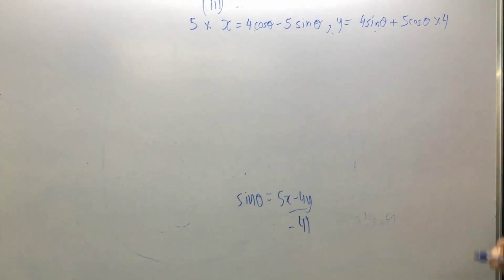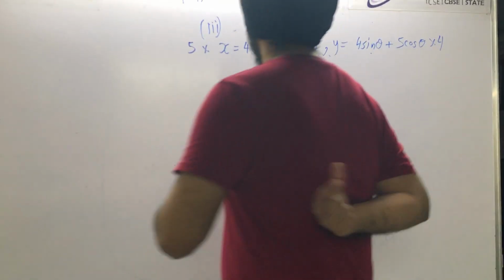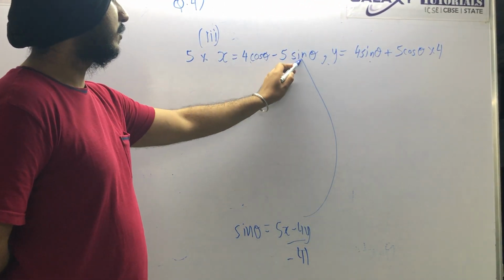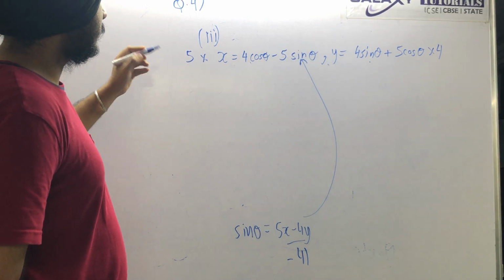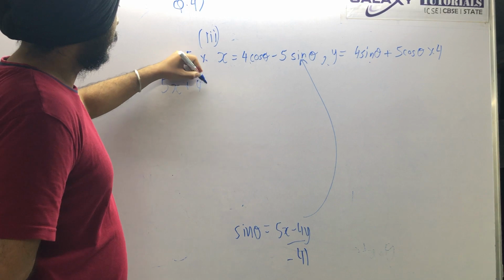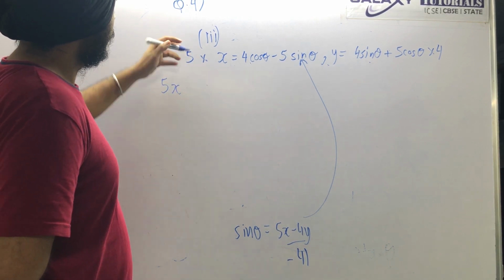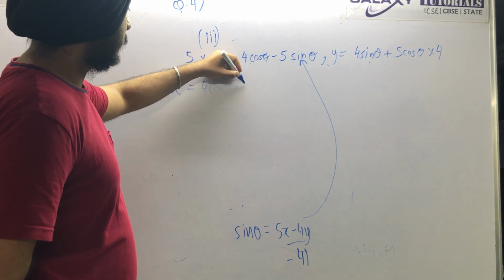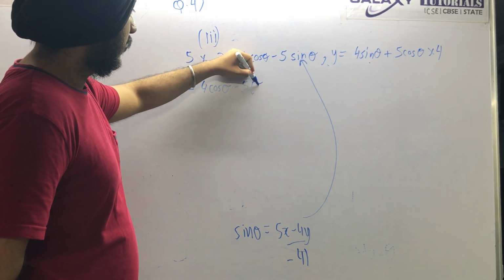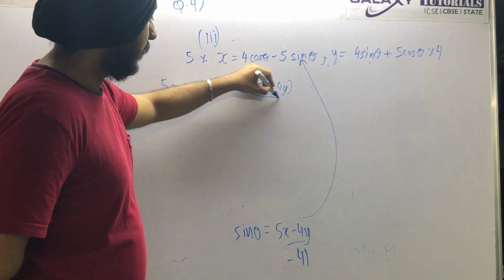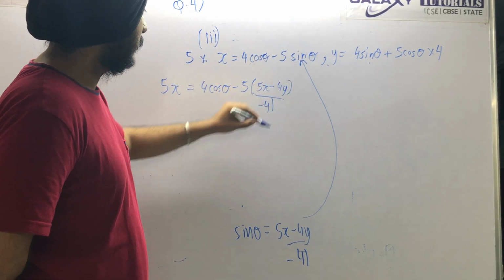A little bit lengthy question, but not difficult, quite simple. So you will just put the value of sin theta in this one. Let us see what happens. 5x plus 5x is equal to 4 cos theta minus 5 into (5x minus 4y) upon minus 41.